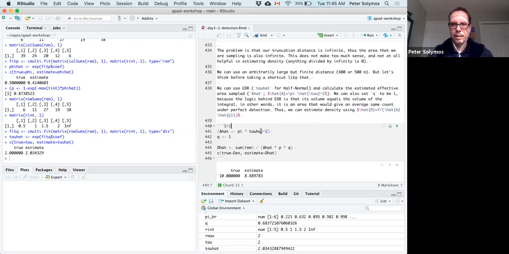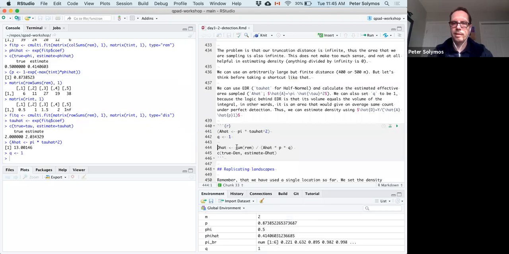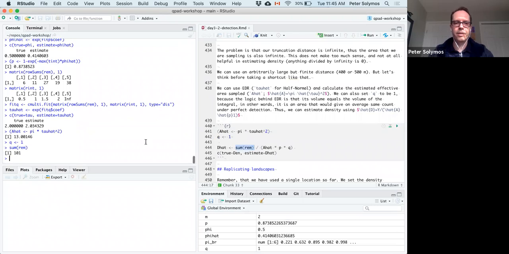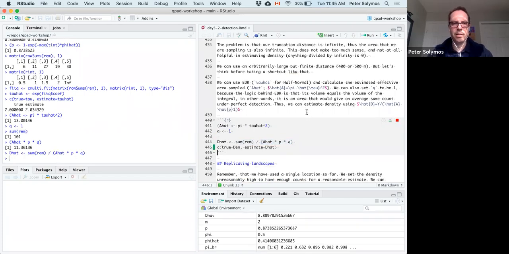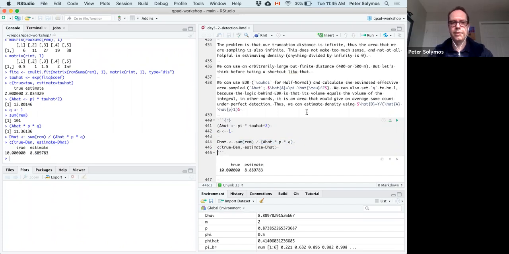Let's see what we get. Area hat, Q equals 1, and then the sum of the new removal table, which is 101, and area hat times P times 1 is our correction, which is now going to be 11.36. So if we get this new estimate for density, it is somewhat larger.